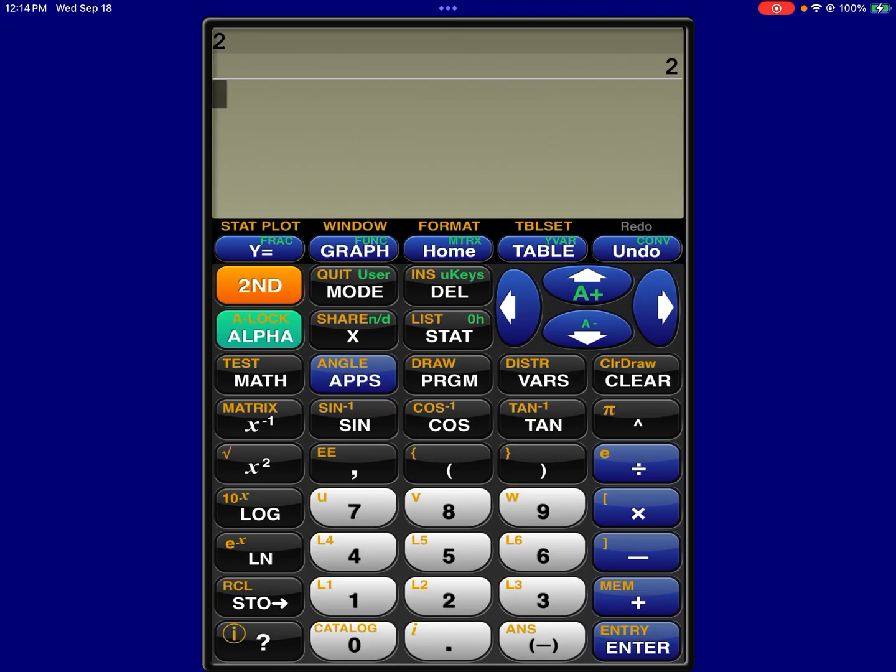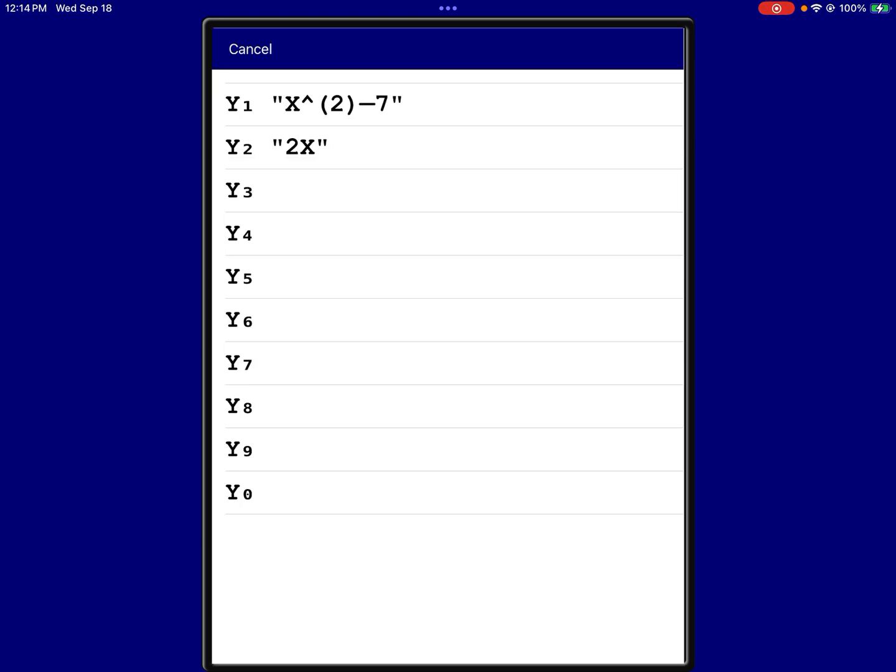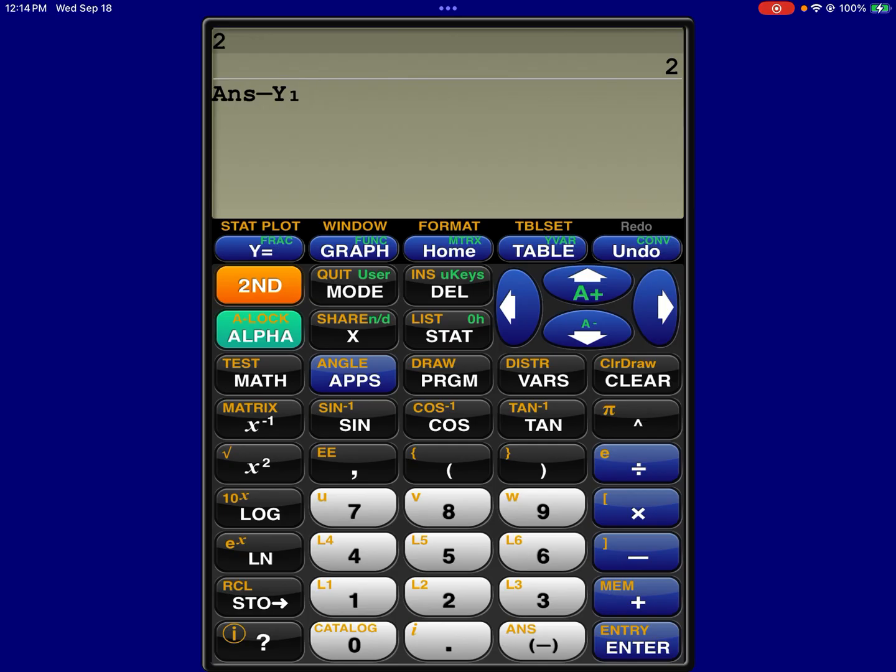So I'm going to hit second negative, right? Minus, then I'm going to hit alpha, and yours is alpha trace, alpha trace 1, and I want to get my y1 in there. But then I'm going to say y1 of 2, but I don't want to say 2. I want to say ans, because I already have that answer. So I'm going to do second ans, put a parentheses around it.